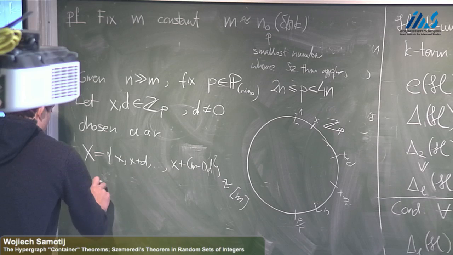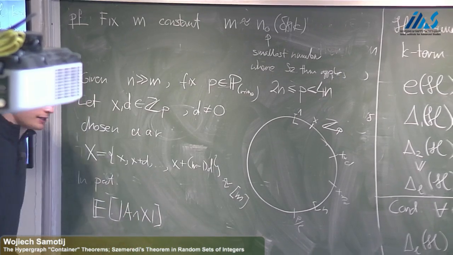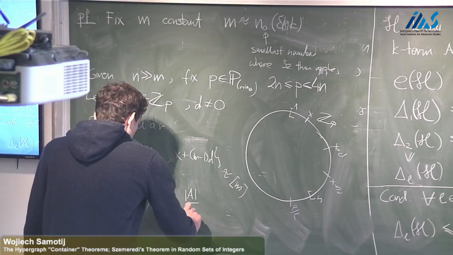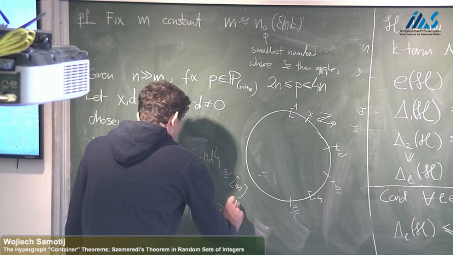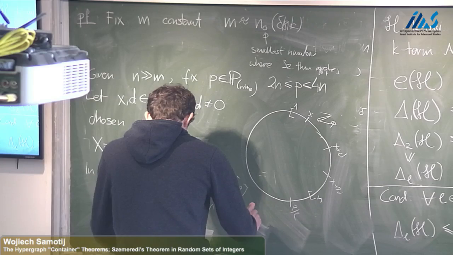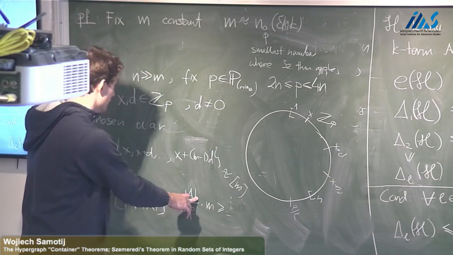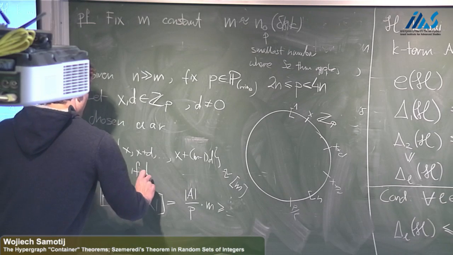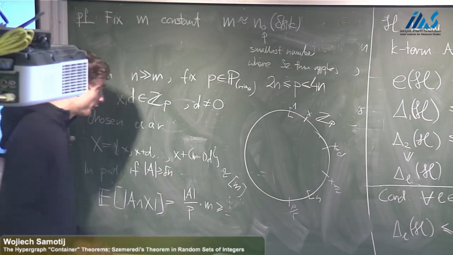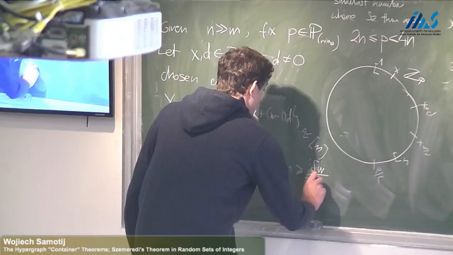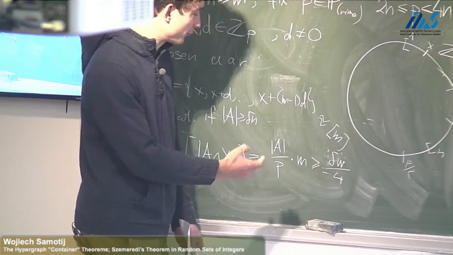So in particular, when I look at the expected trace of A in X, this is exactly equal to |A| divided by p times m, which is at least, since p is at most 4n and |A| is at least delta n, delta m over 4. So if I take any set A which has at least delta n elements, then on average it is also a delta proportion of the set X.